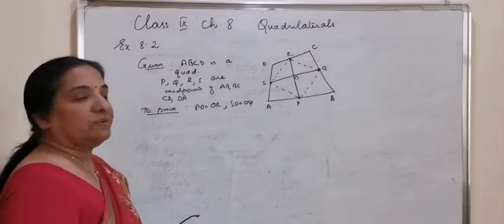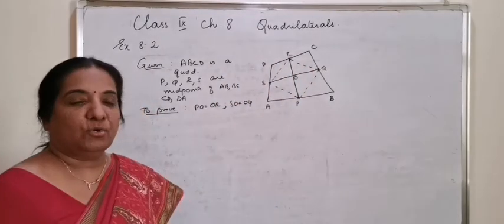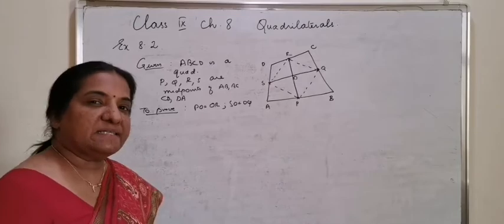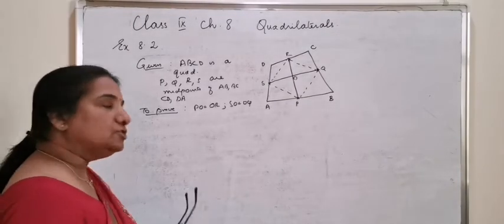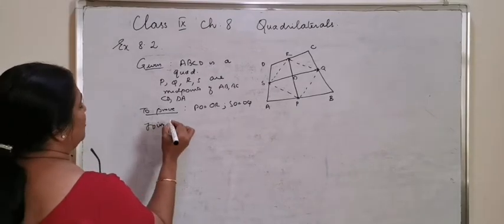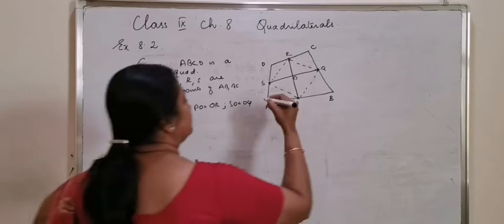So, what we have to do is prove that PQRS is a parallelogram, and in a parallelogram the diagonals will always bisect each other. For that, join one of the diagonals, AC or BD. Join AC as construction.